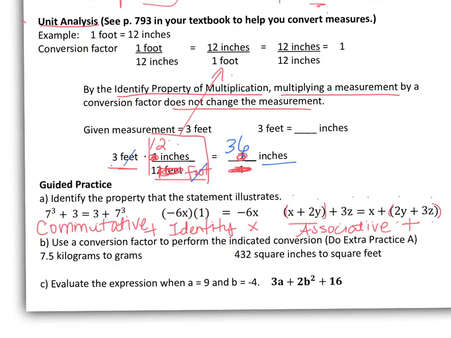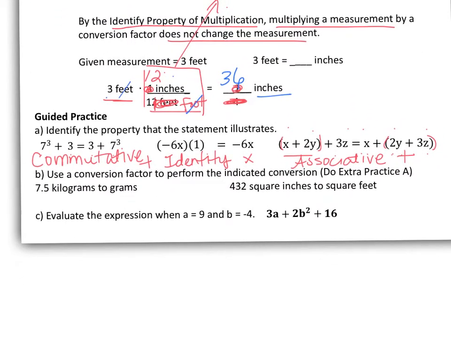Now let's look at some practice problems. So part B, use a conversion factor to perform the indicated conversion. So I know from kilograms to grams, the conversion factor is 1 kg to 1,000 grams. So I'm going from 7.5 kg.